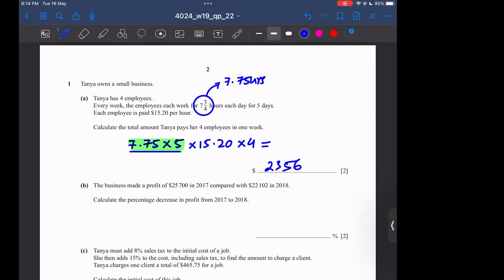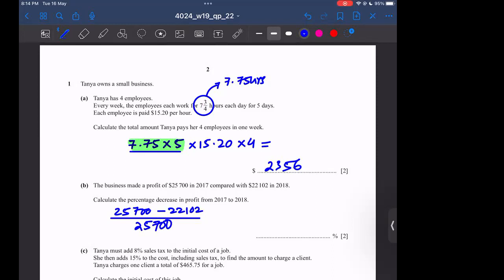So I'm going to take the difference divided by the initial value. How are we going to calculate the difference? Maximum value minus minimum value. What was the initial value? The initial value is 25,700. People usually think the lowest value is going to be written in the denominator, but it is basically the initial value that is written in the denominator.